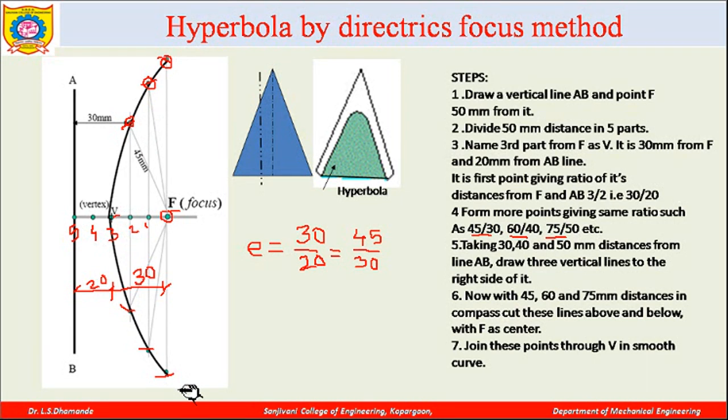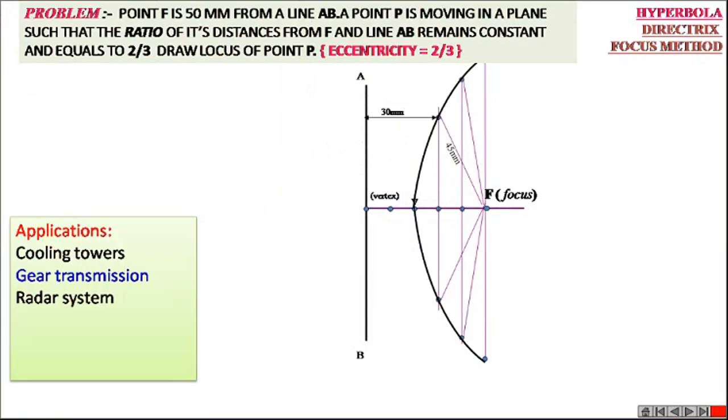Similarly, one numerical is specified here, and it will be specified like this. Point F is 50 mm from line AB, and a point P is moving in a plane such that the ratio of its distances from F and the line AB remains constant, and it should be 3 by 2.